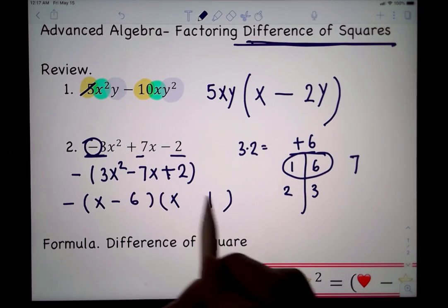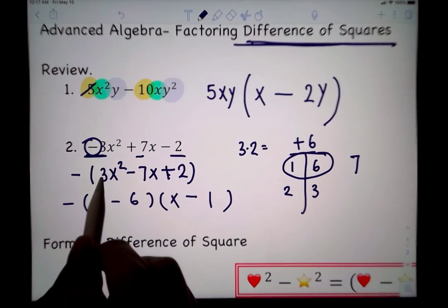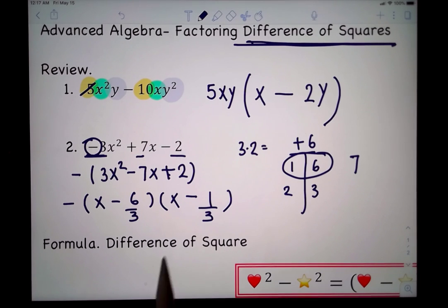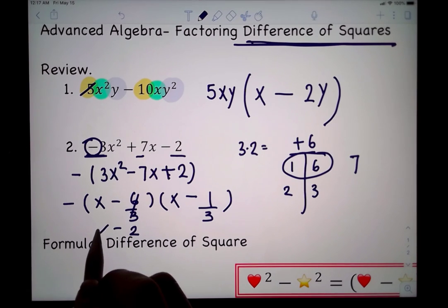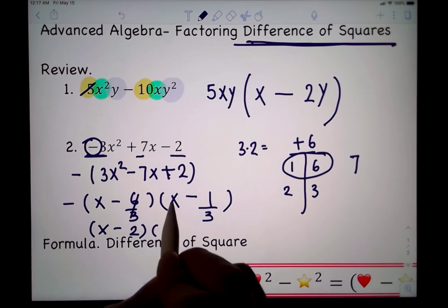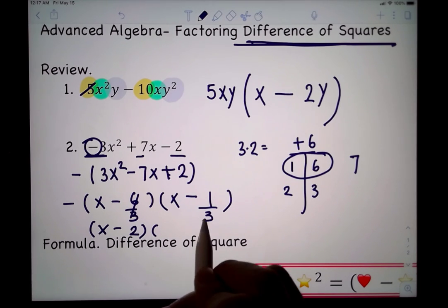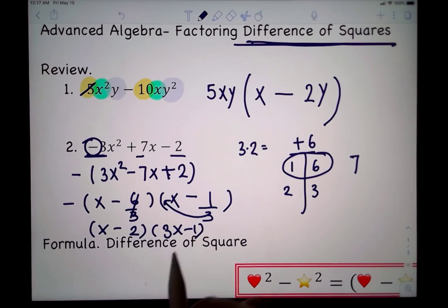Same sign so that you get positive. Then we divide by 3. Divided by 3, simplify, then you get 2. You keep 2 here, and the one over 3 you cannot simplify, so bottoms up, you get 3x minus 1. Done.